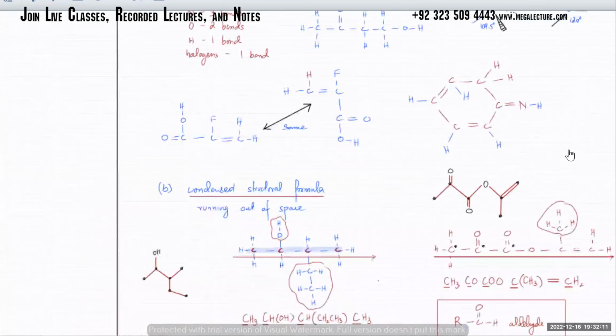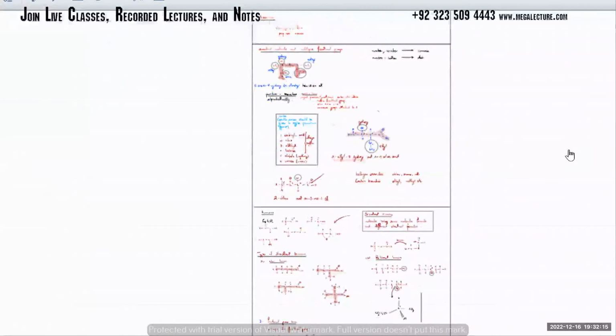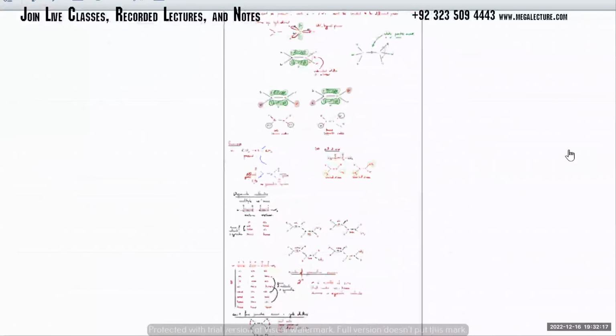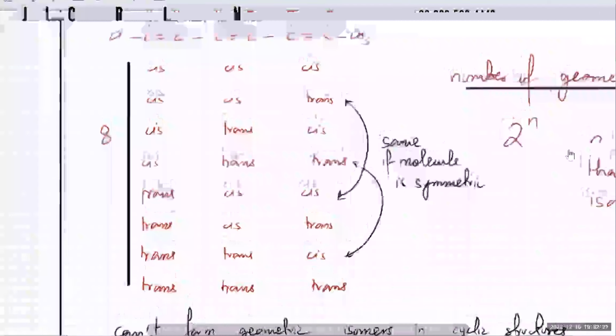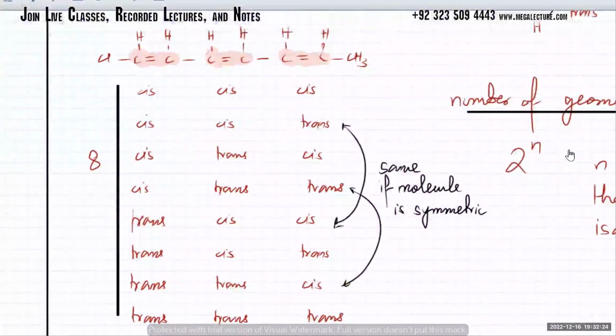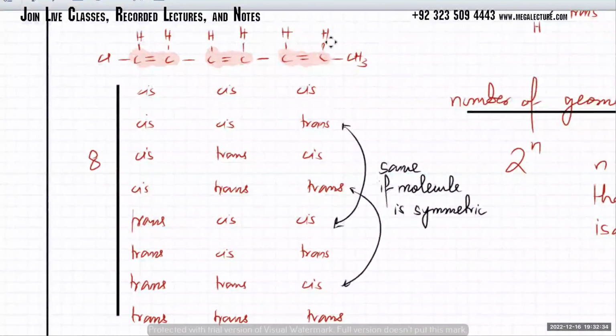We did something similar and wrote down naming here. I told you if a molecule is making, like, 3 cis-trans, you're going to have 8 combinations. Is that clear? The first one is cis, the second one is cis, third one is cis. First cis, and this one could be trans. So is this clear?